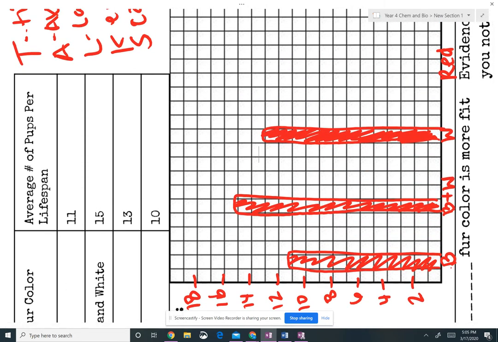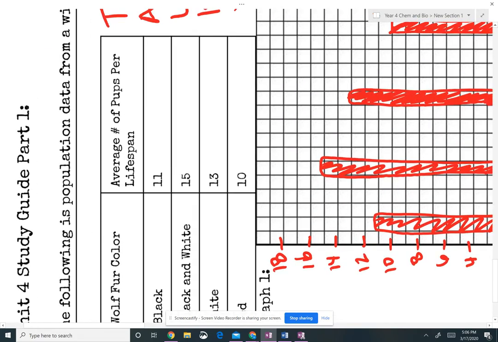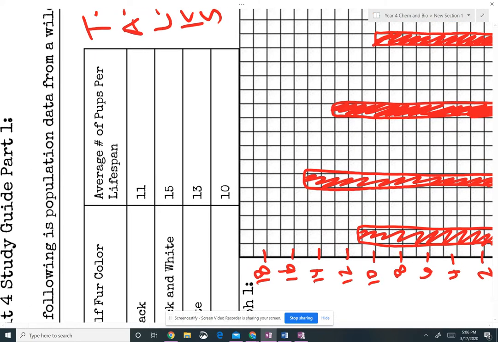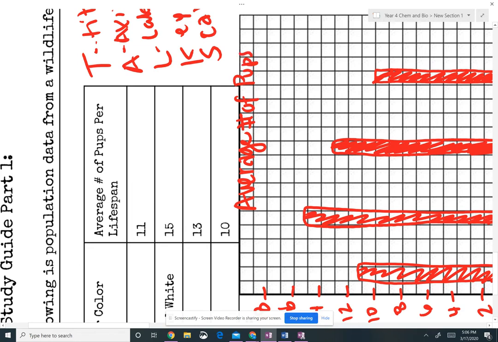And then you guys are going to go ahead and look at this, and that is going to be your average number of pups.